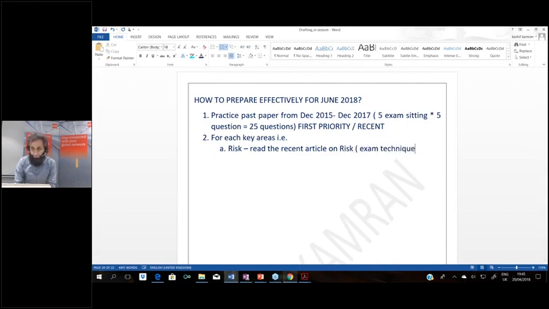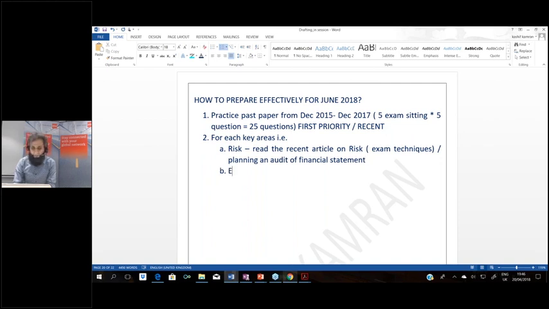Please do read this. Plus there is also an article which is planning and audit of financial statements. Please do read this article as well. So there are 2 articles to read for risk.